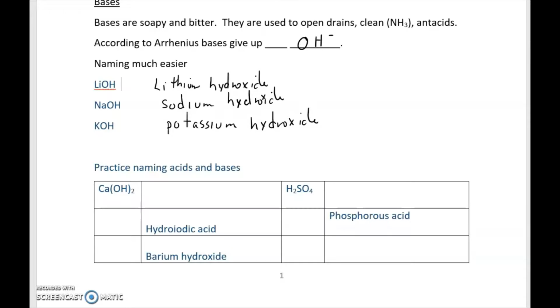So this is Ca, calcium, and that OH group is a hydroxy group, so it's hydroxide. This is calcium hydroxide.